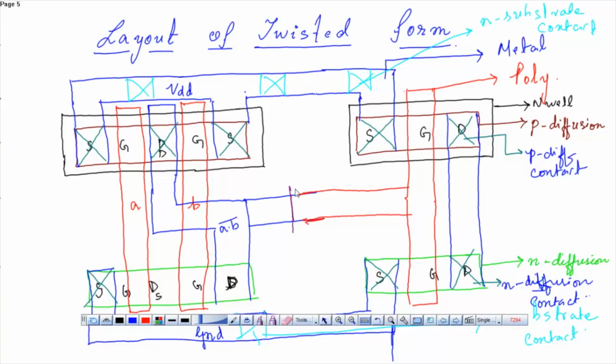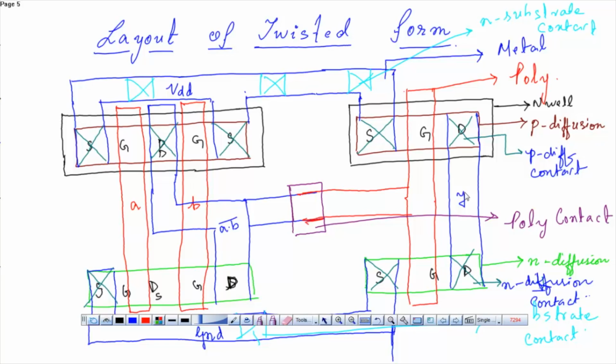So this is the poly contact. This is the poly contact and the obtained output is this Y. Now this is the layout of the twisted form of this two input AND gate.